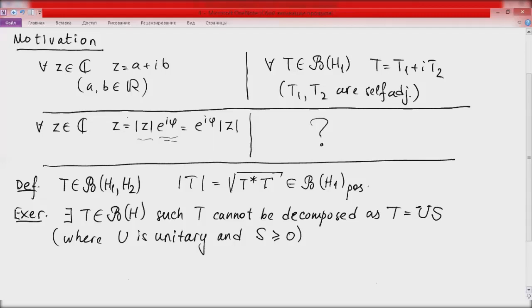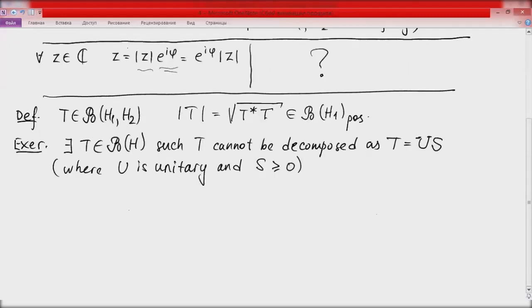By the way, such a decomposition is always possible in the finite dimensional case. This is more or less a classical theorem from linear algebra. So the point is that in the infinite dimensional case, we don't have such a decomposition in general. And the way out of this situation is to replace unitary operators by partial isometries.